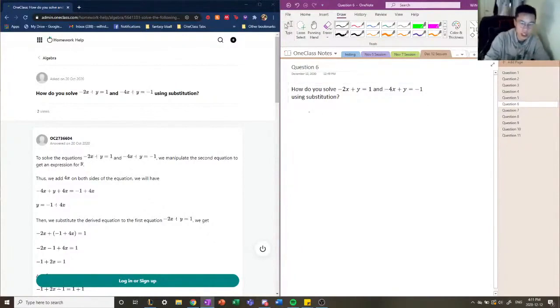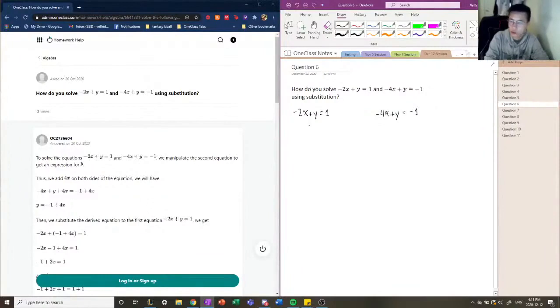All right, so the first thing that I want to do is write down our original equations again. So negative 2x plus y equals 1. And the other equation is negative 4x plus y equals negative 1. Okay, so the first rule of using substitution is that you need to isolate one of your variables for either equation, okay?